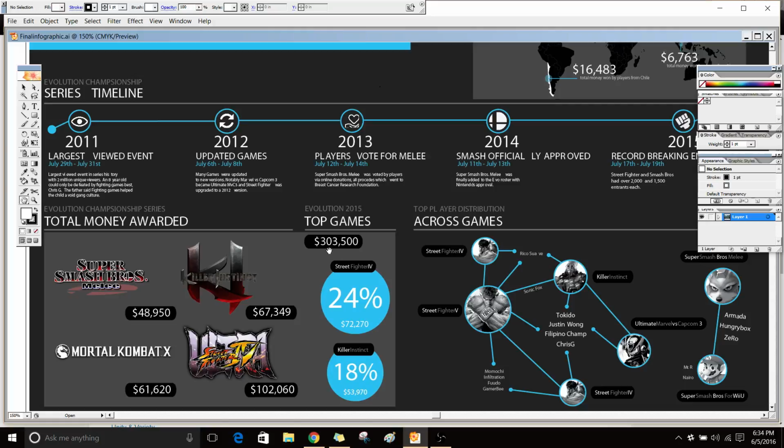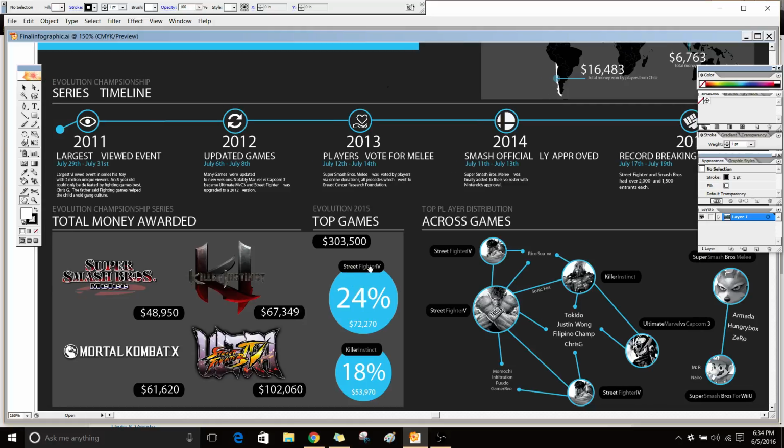I guess I could add some kind of text element to explain that, but I did not. But 24% goes to this game, 18% goes to this game, and then this was how much was awarded for each game. And it also uses some amount of encoding because this circle is bigger, this circle is smaller. So the bigger the circle, the more money. The smaller circle, the less money.